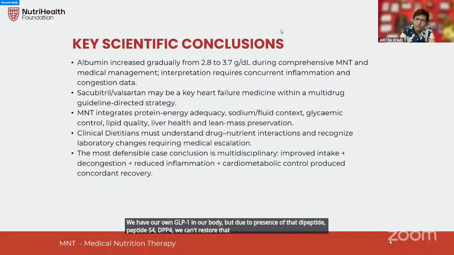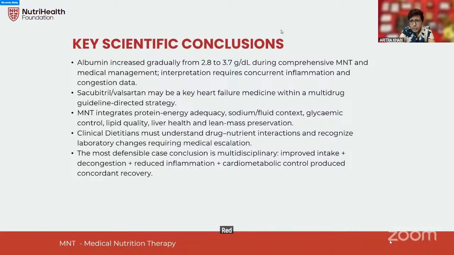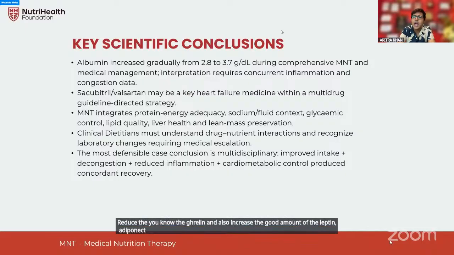But if your diet is proper, with resistant starch, low-energy carbohydrates, all those things, it improves gastric emptying and automatically increases our good dietary habit, reduces the ghrelin, and also increases a good amount of leptin, adiponectin, such kinds of hormones, and actually maintains the hindbrain and reduces our appetite. So that is actually our own hormone.